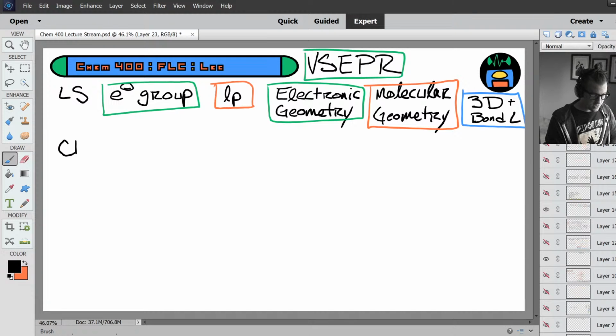So if you look at chlorine trihydride, which is chlorine, 3 hydrogens, and 2 lone pairs, we have 5 electron groups.